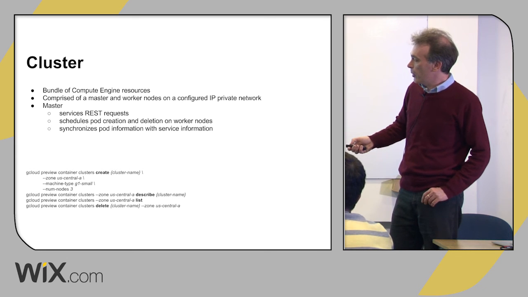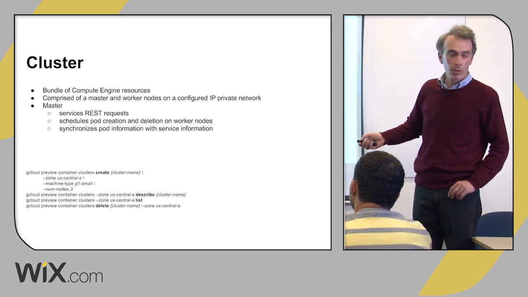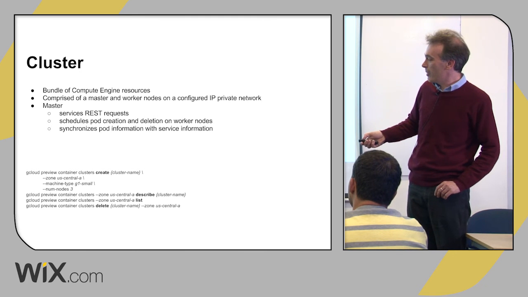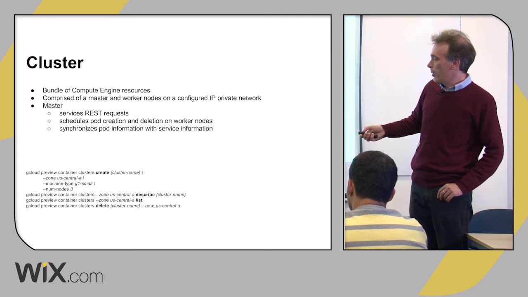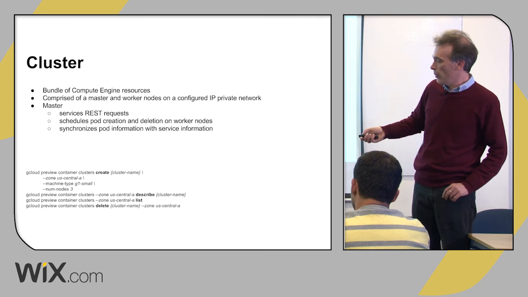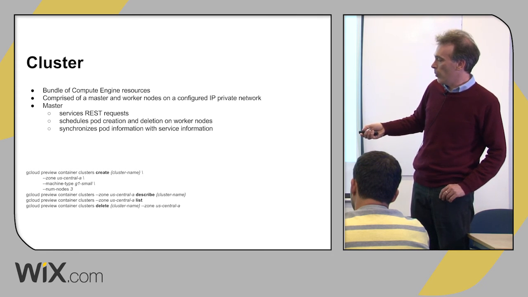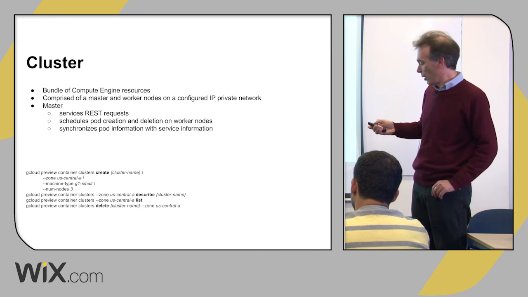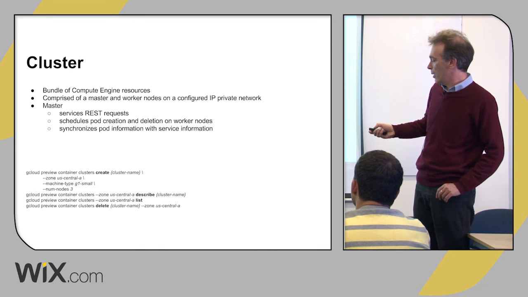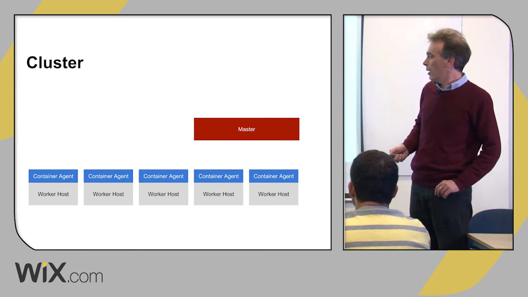We have the command line here. It's very simple: gcloud preview container clusters create, the same command line tool as for managed VM. You have to specify the zone, meaning which data center you would like to create it in, the machine type, and the number of nodes. That's all. Once you run this command, you have your cluster up and running.